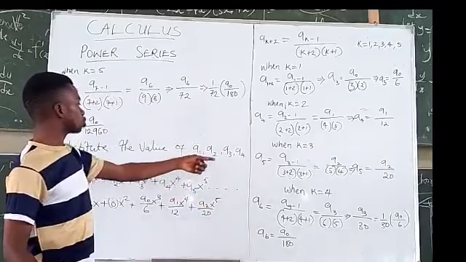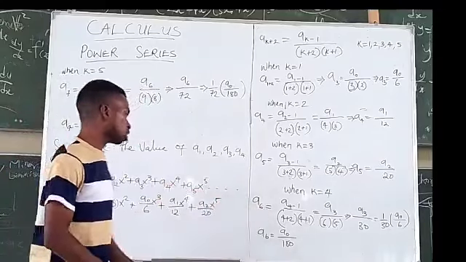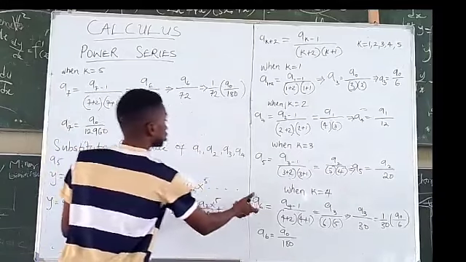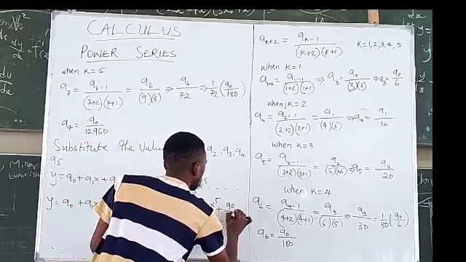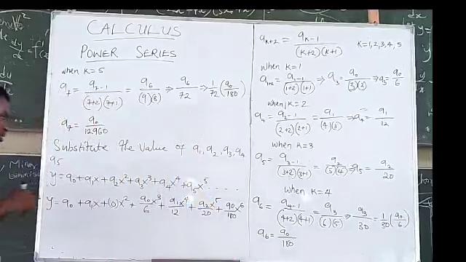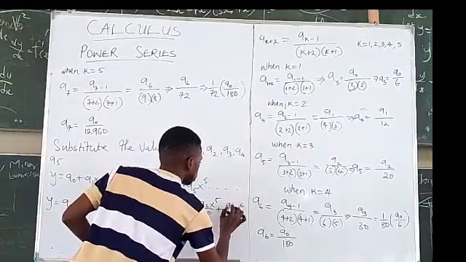And remember, we stopped at 5, but you can still continue since we have the value of A6, which is A naught all over 180.